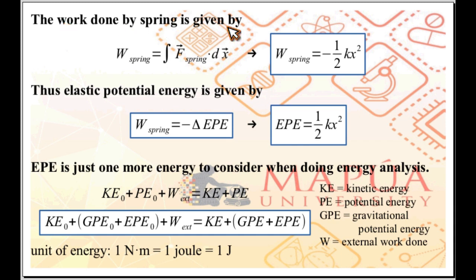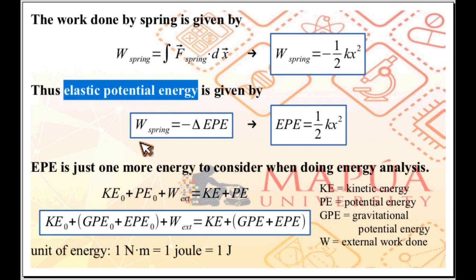The work done by the spring is given by the integral of F spring dotted with dx. Using our equation for F spring equal to negative kx, the integral of F spring dotted with dx will give you work done by the spring equal to negative 1/2 kx squared. And this work done gets stored in the form of elastic potential energy.